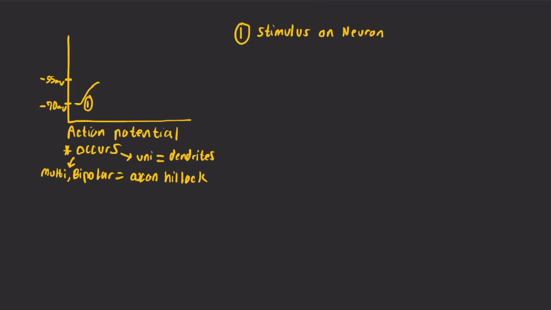So stimulus on the neuron by summation, reaching threshold, or this is by powerful stimuli. Okay, by one powerful stimulus.